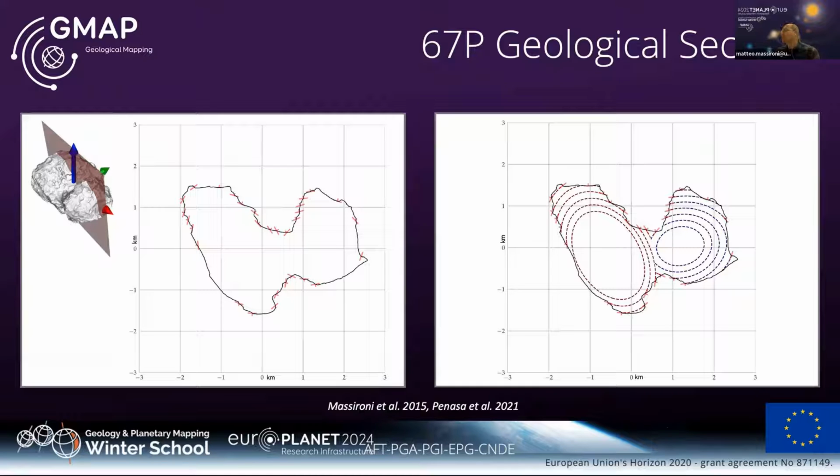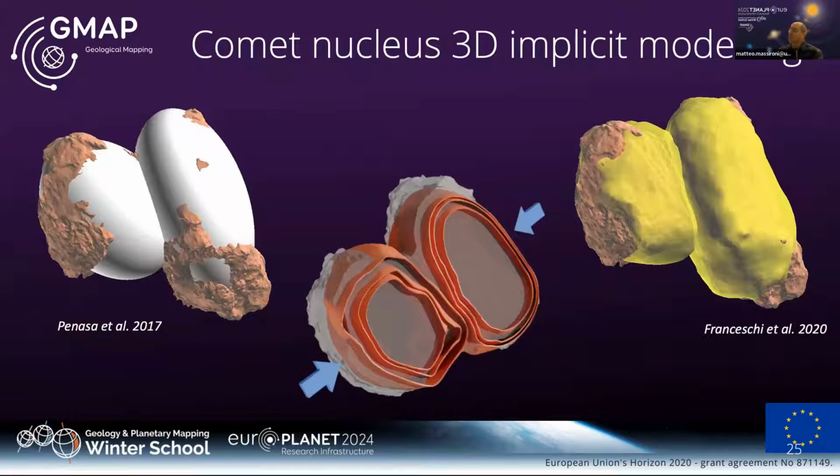Moreover, if we have many measurements, like in the case of Comet 67P, we can do what we call 3D implicit modeling, that does not necessarily depend on the geological sections, but can be made directly from the measurements, or eventually from the contact behavior as a function of the topography. In this case it was the measurements.